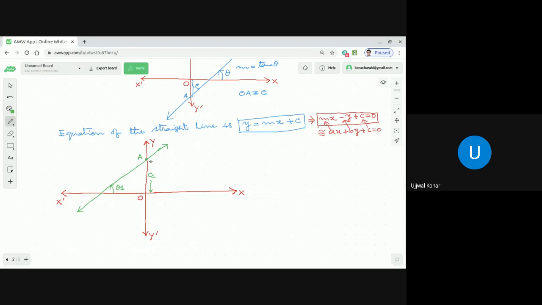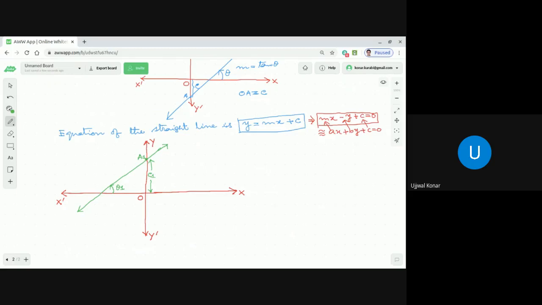If you notice very carefully, dear students, theta 1 is an acute angle, and C1, the y-intercept, that is OA1, is also positive because it is above the x-axis. The intercept OA1 is on the positive side of the y-axis.